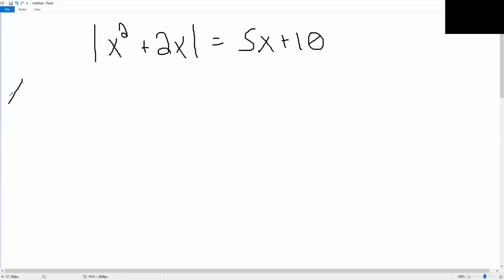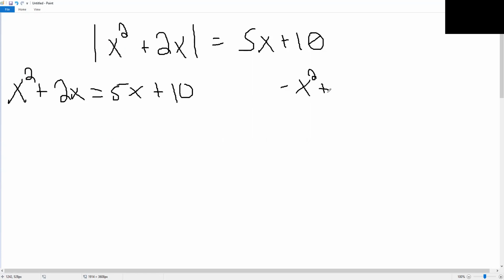So the positive side would just be x squared plus 2x equals 5x plus 10. And the negative side would be negative x squared minus 2x. See, the signs changed on the x squared and the 2x, equals 5x plus 10.